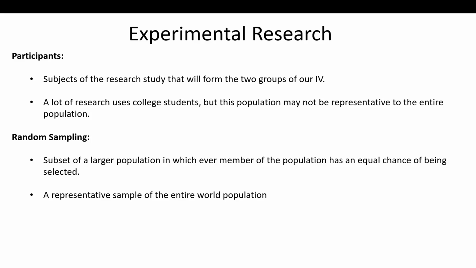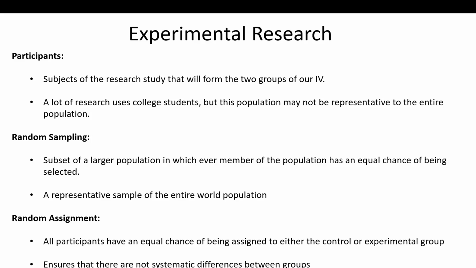And we want our sample to be representative so that the results and characteristics of those people that we sample are representative of the entire population. So then researchers can conclude that the results among these samples occur as well within the entire population.